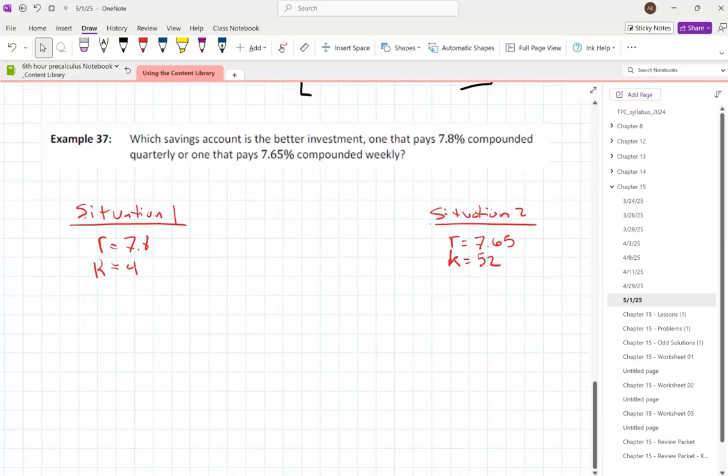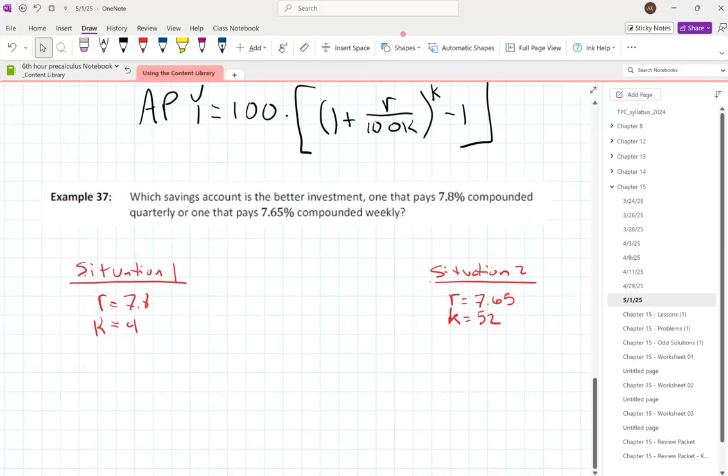So all we're going to do is calculate an APY for each of these and then compare.